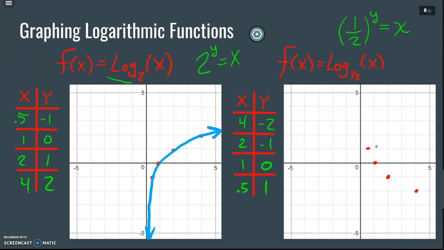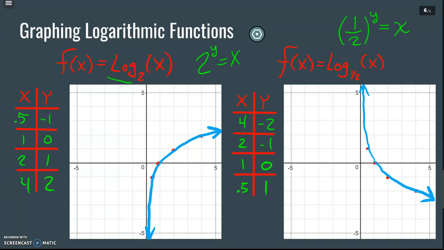But it has a similar shape to the other three graphs. So my function is still only getting close to the y-axis, but it is going to curve downwards.